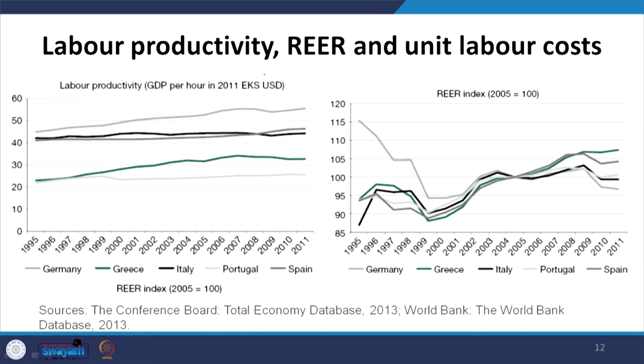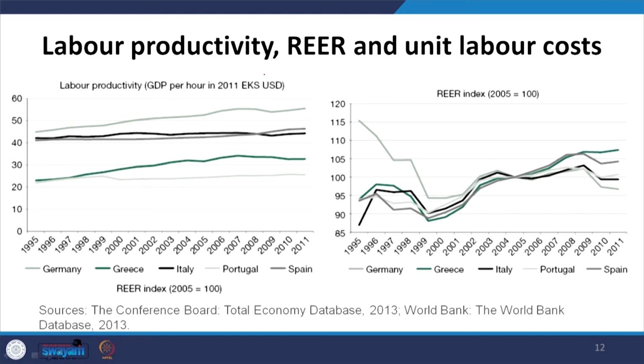The real index on the right hand panel is also rising, especially from 2000 onwards. The fall was noted from 95 till 1999. This is as per the World Bank data, based on the Conference Board Total Economy Database.